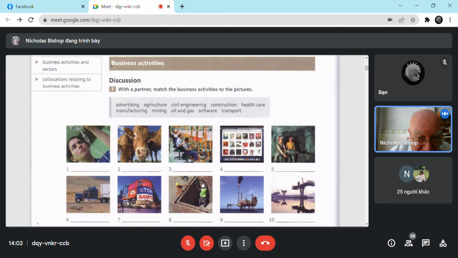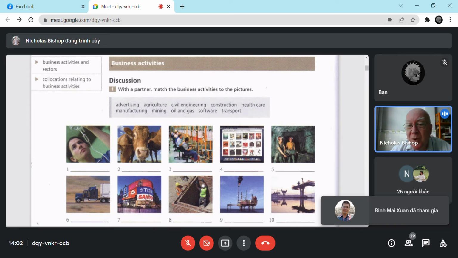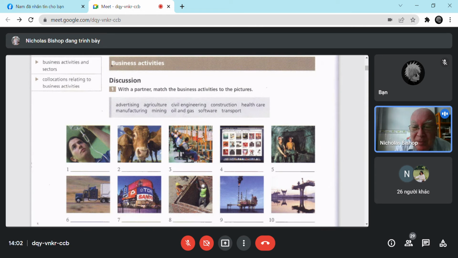When I was younger, they used to do a lot of coal mining in some places. They don't do that so much now because it's a fossil fuel, and they're trying to encourage people to use other sources of energy.